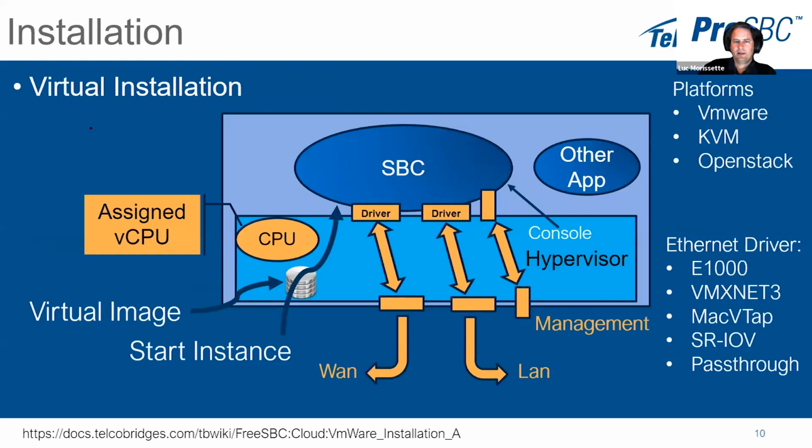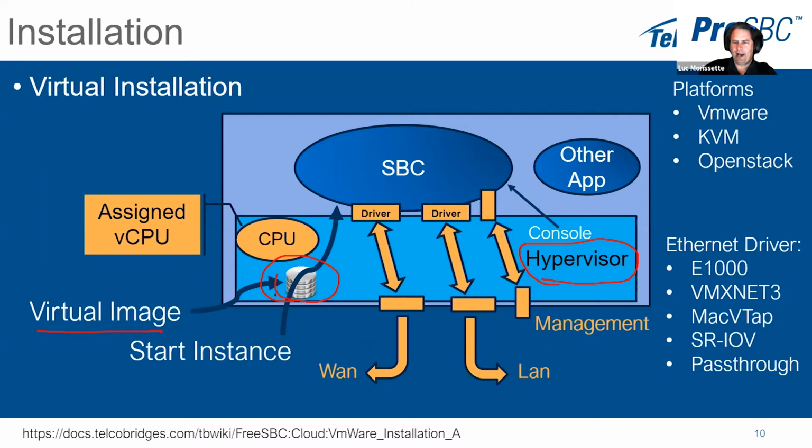When you do a virtual installation, you also have your hypervisor running here. You will have a virtual image that you load into the hypervisor's disk space. And then usually you have some kind of profile to start an instance.